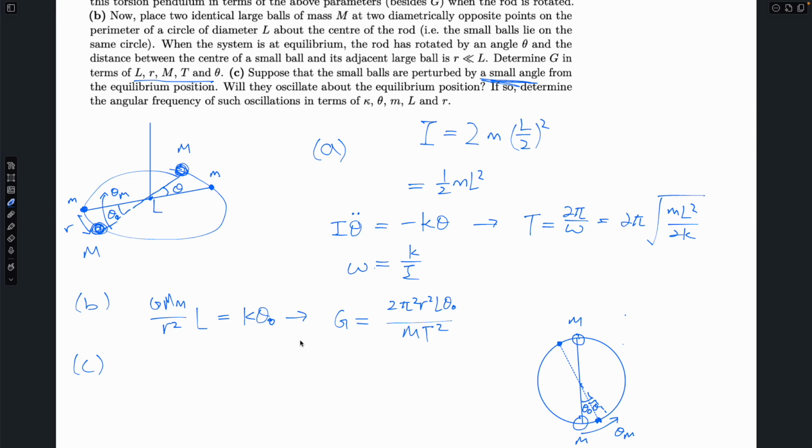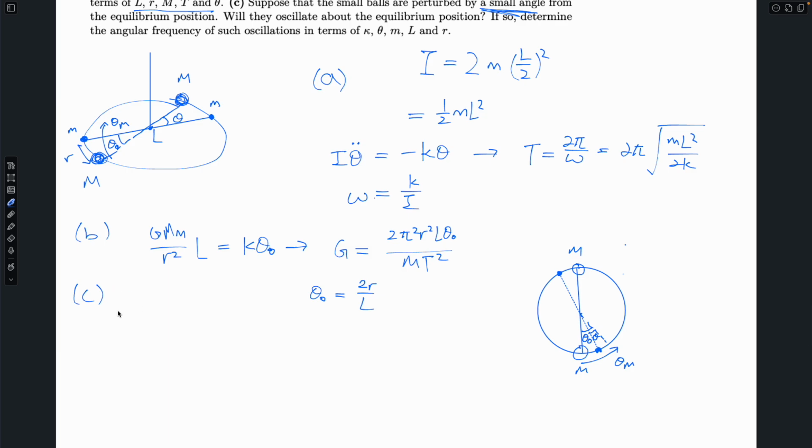Okay, I'll just use the fact that theta naught is equal to... Okay, we'll just do what we did originally. Also, the 2 in front here should be positive because it's repulsive.